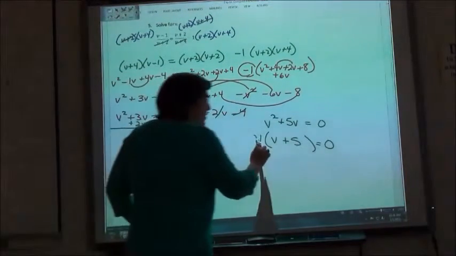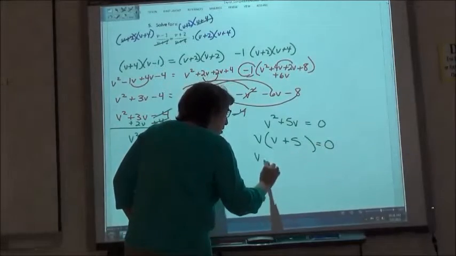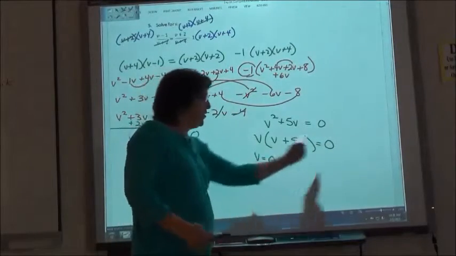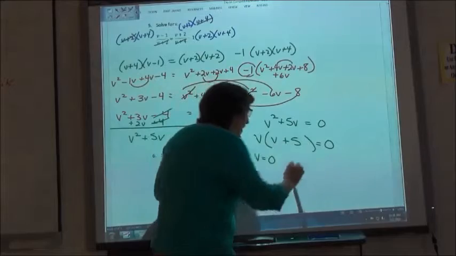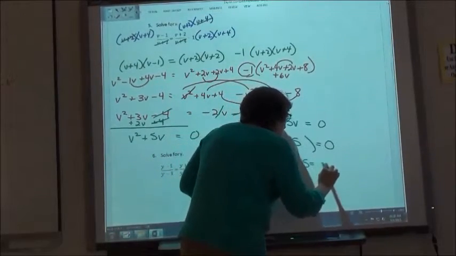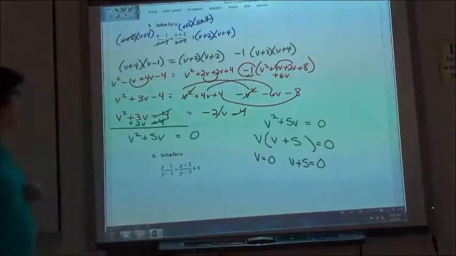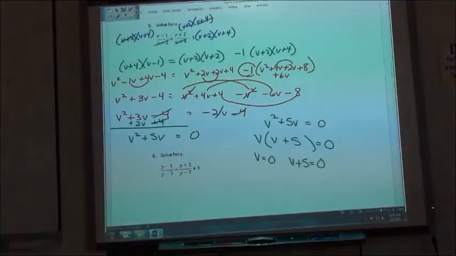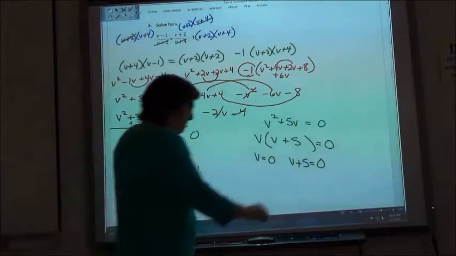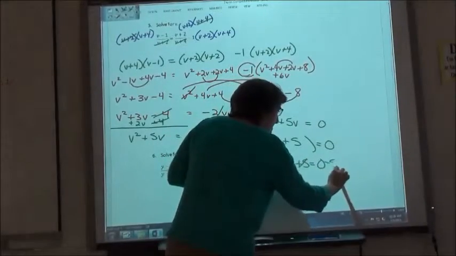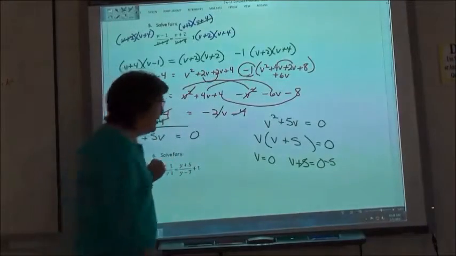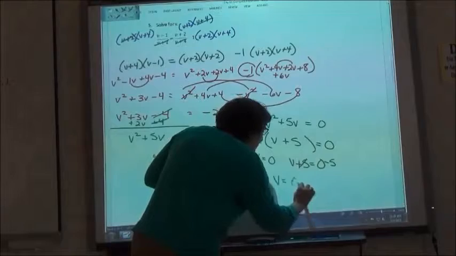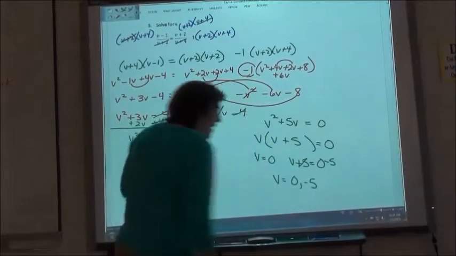So either the v is going to equal 0, right? This could equal 0, or v plus 5 could equal 0. We solve v plus 5 equals 0 by minusing our 5. So we have answers of 0 and -5.